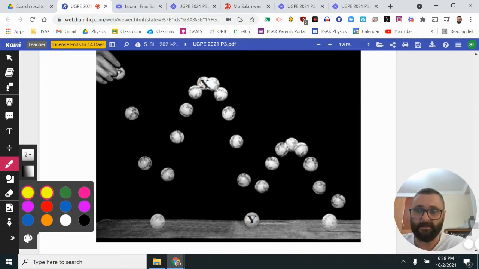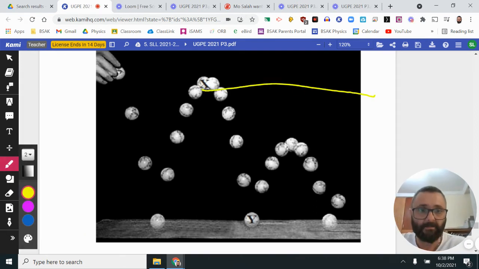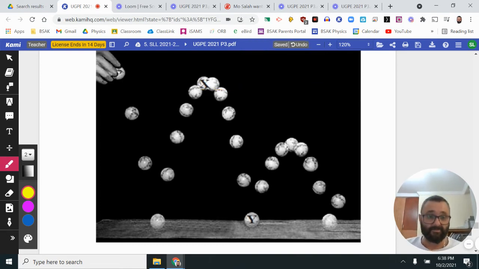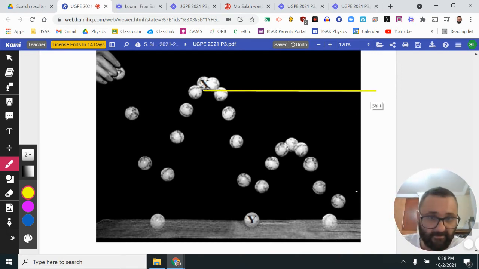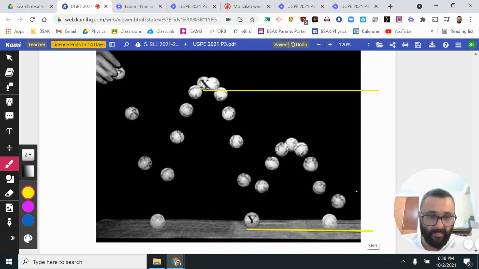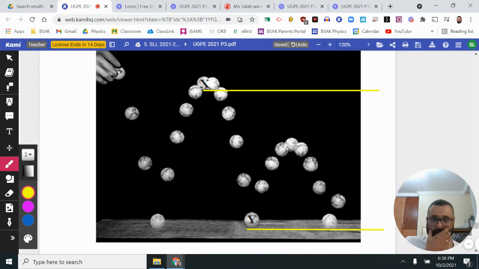Let's try again, because clearly I didn't use my 30 centimeter ruler, did I? No, I'm not really using a ruler, I'm using a camera tool. So there, and there. Okay. So we need to use a scale.